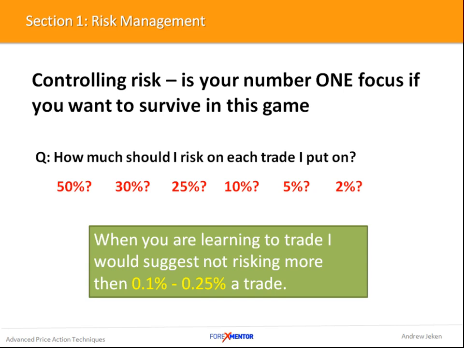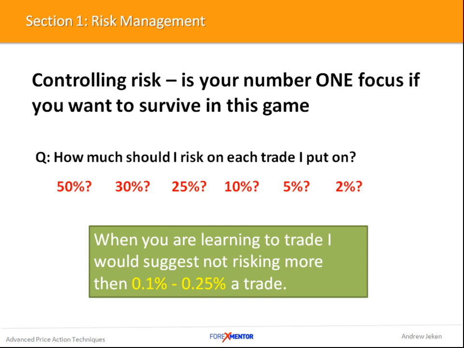So just read that again. 0.1, not 1%, 0.1% to 0.25% a trade. Very, very important. The smaller the risk, the longer you're going to be able to survive in this game until you can start becoming consistent.